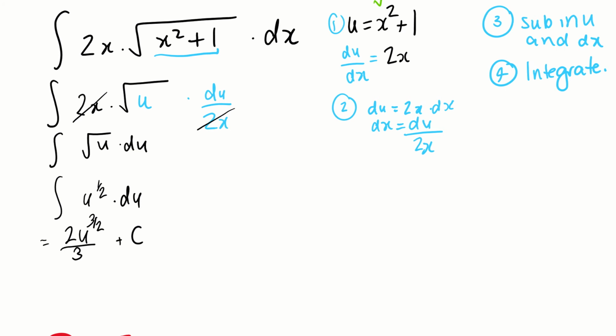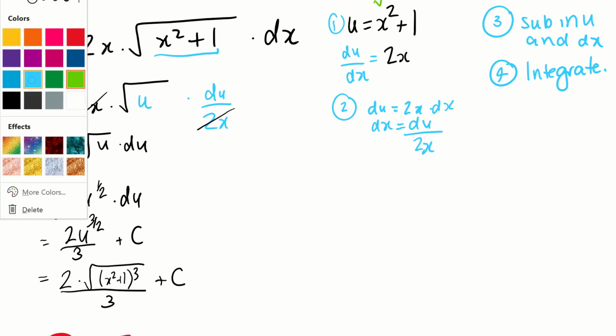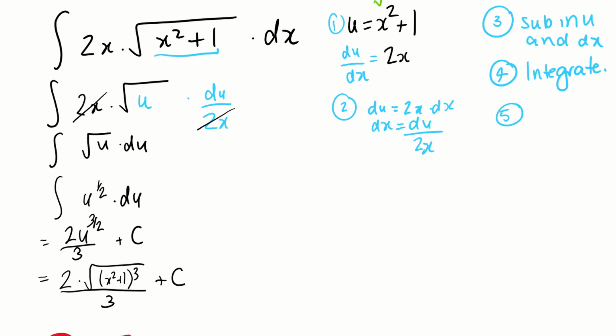So then I'm just going to write this in a bit nicer way, 2 timesing by the square root of u cubed, and u being x squared plus 1 cubed, all on 3 plus c. So I should probably add that as a step, even though it's quite obvious, but step 5, sub in x.